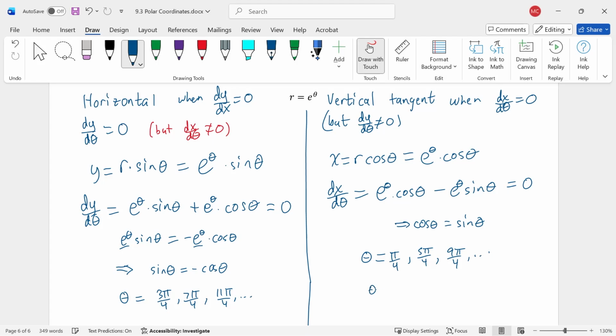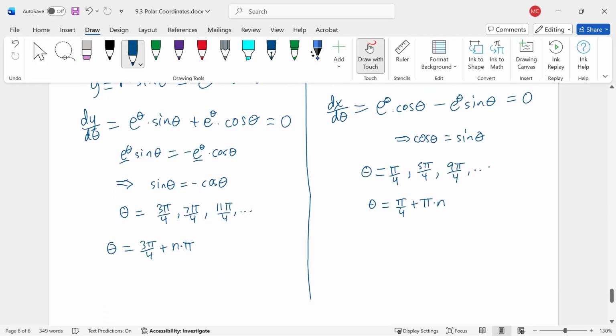In other words, when θ is π/4 plus any integer multiple of π. And those two sets of solutions don't overlap, so we have no problem there.